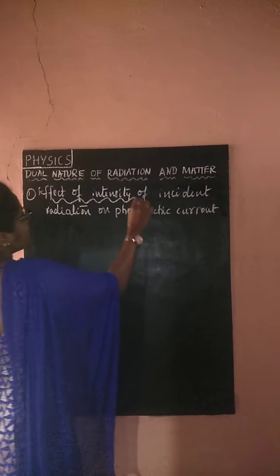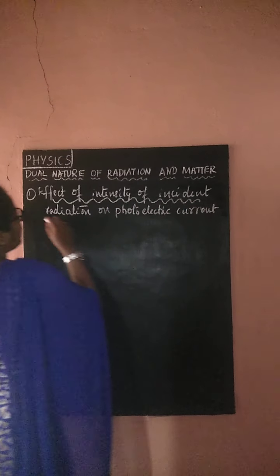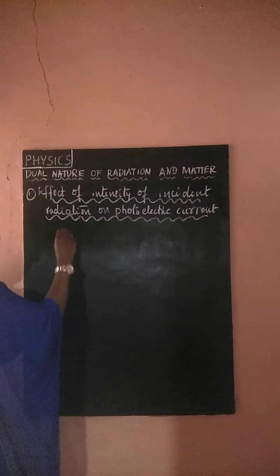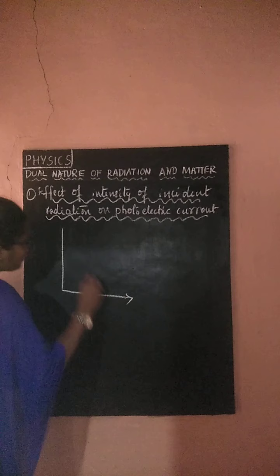What is the effect of intensity of incident radiation on photoelectric current? I am going to draw one diagram for it.